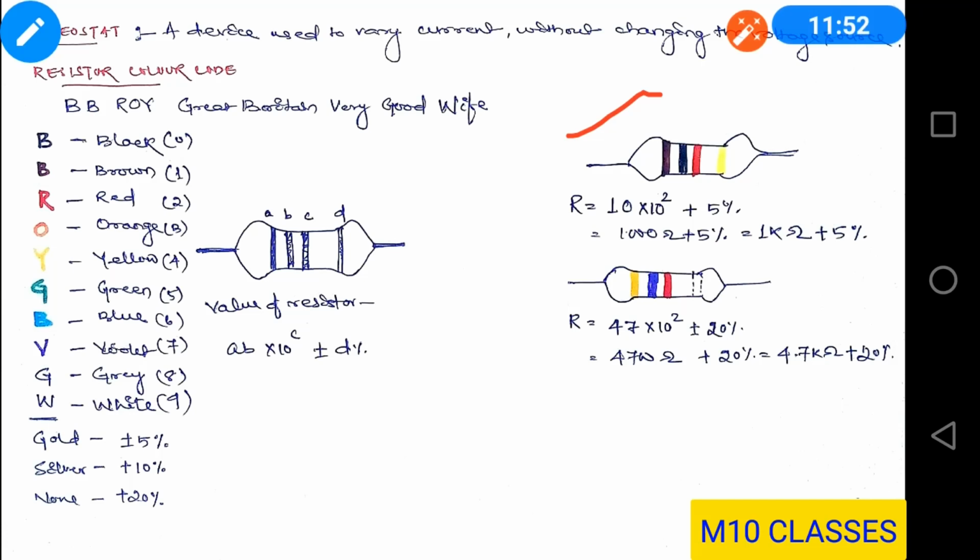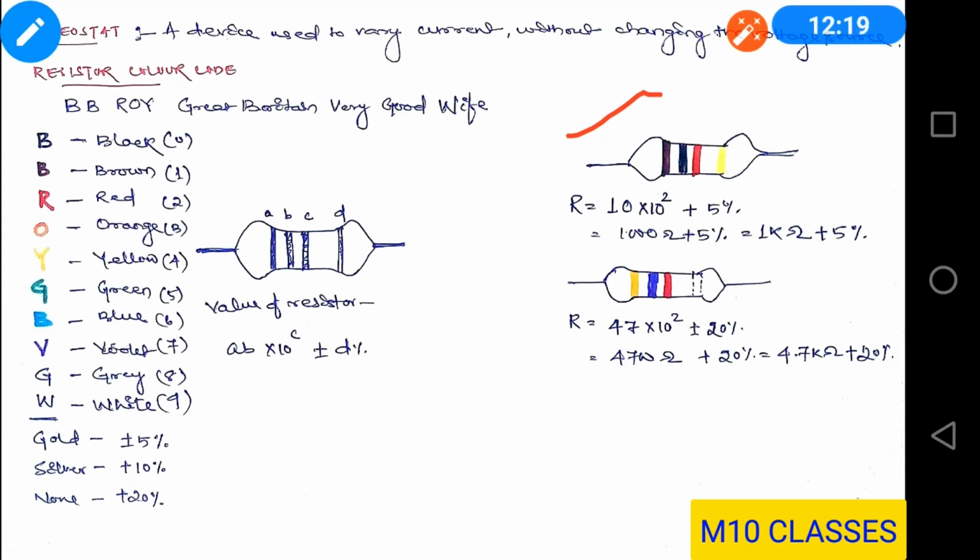In the first figure you have brown, black, red, and as I cannot draw golden color, I have used a little yellowish color. First of all, it is brown, so brown gives you the number 1, then black gives you the number 0, so we get 10. I have told you it is A B into 10 to the power C. So what would C be here?